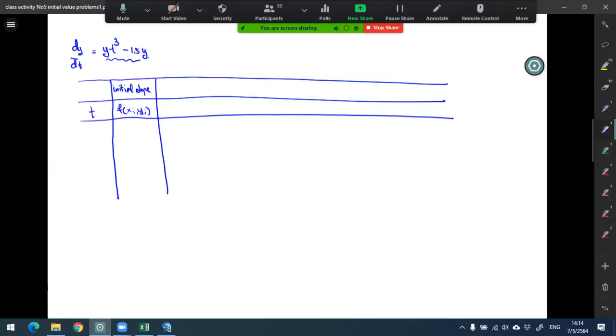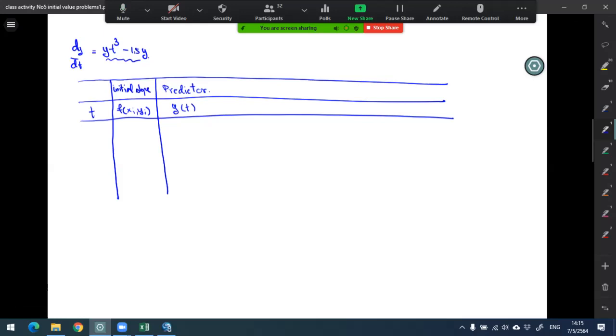Okay, and then we determine the predictor. Predictor is actually a solution of the Euler method. That is yt.